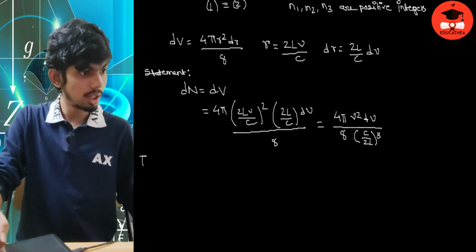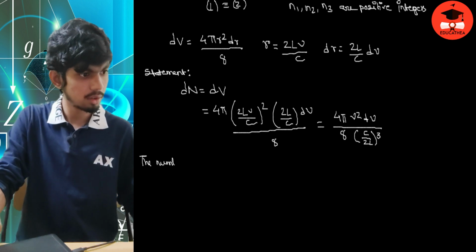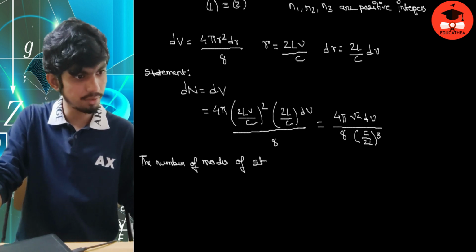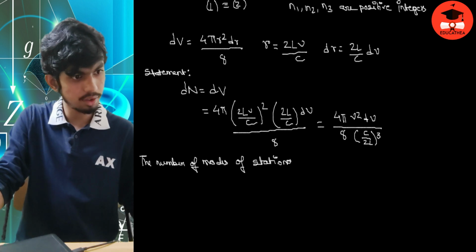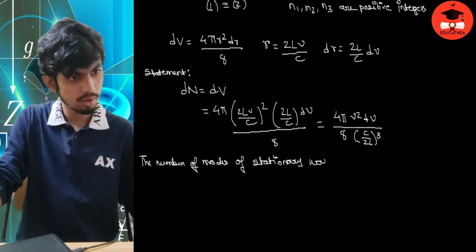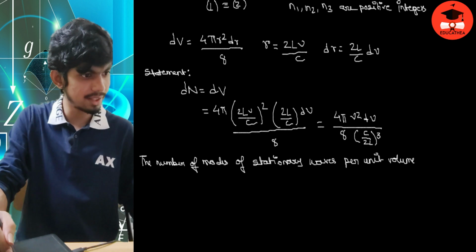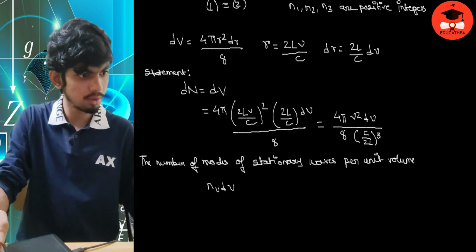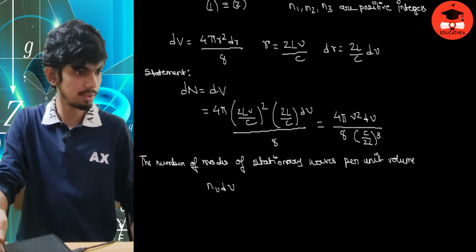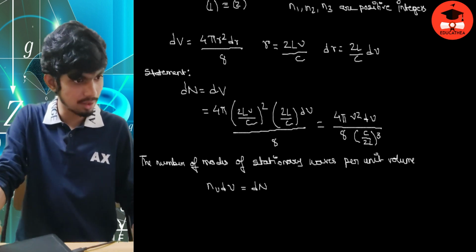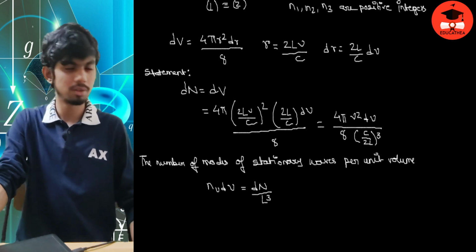Now, the number of modes of stationary waves per unit volume, which I'll write as n nu d nu. N nu, because for a fixed frequency, is basically dn, the total number of waves, divided by L cube, the volume.